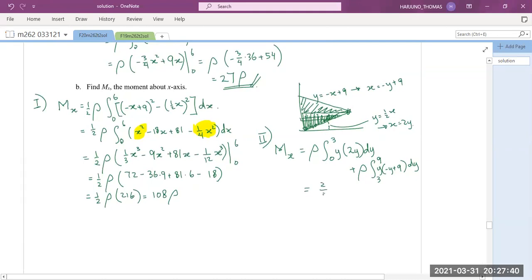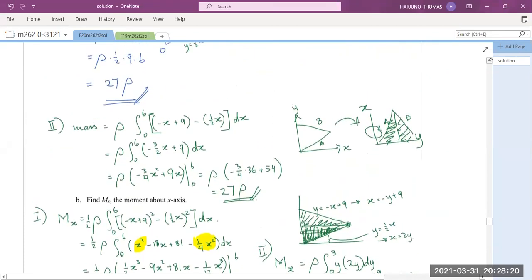So this will be 2/3 y cubed times rho from 0 to 3, plus rho times negative 1/3 y cubed plus 9/2 y squared from 3 to 9. That's 18 rho plus, I don't know what that is. You can compute it yourself. But that's another way to look at that.